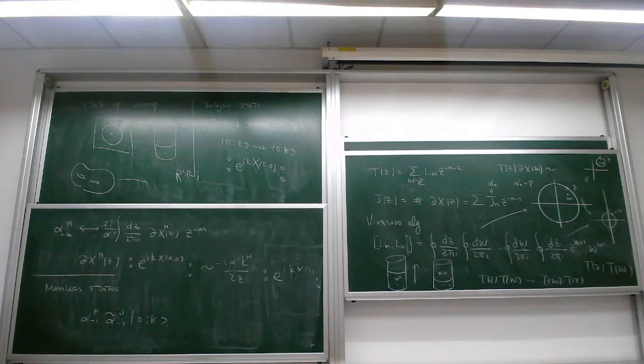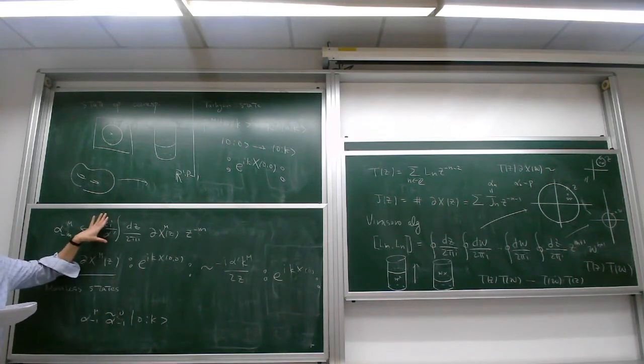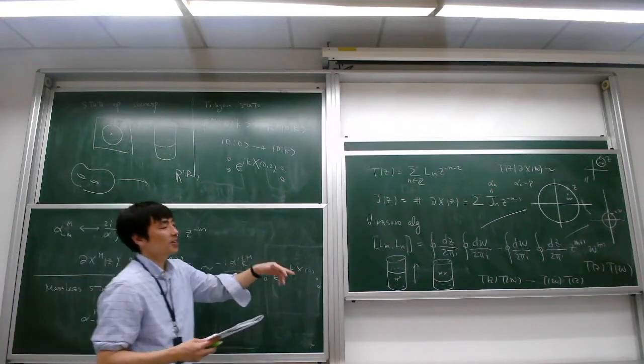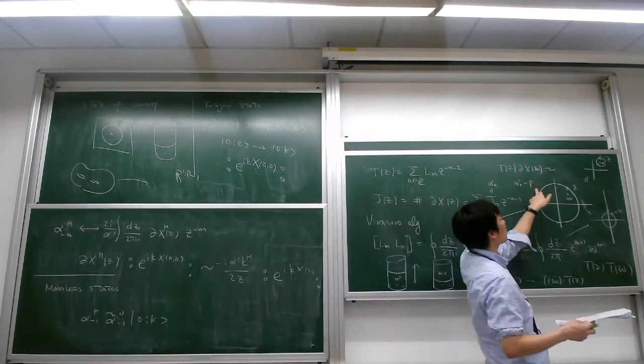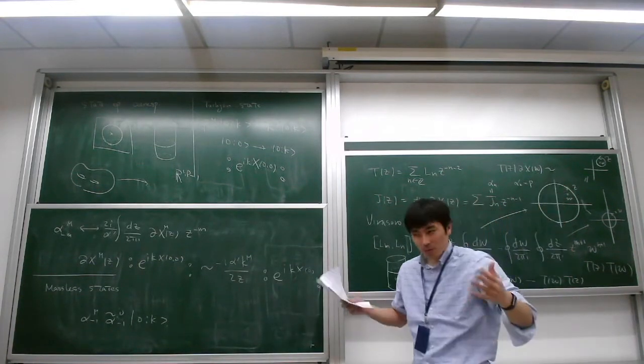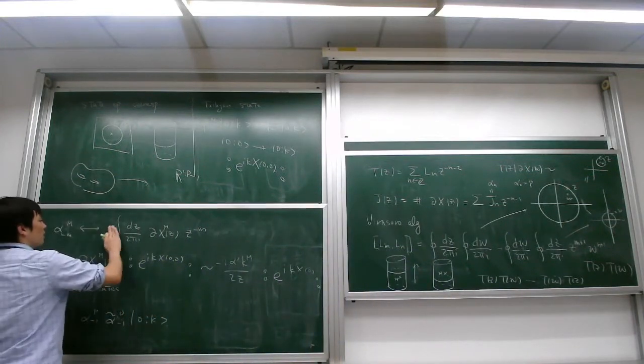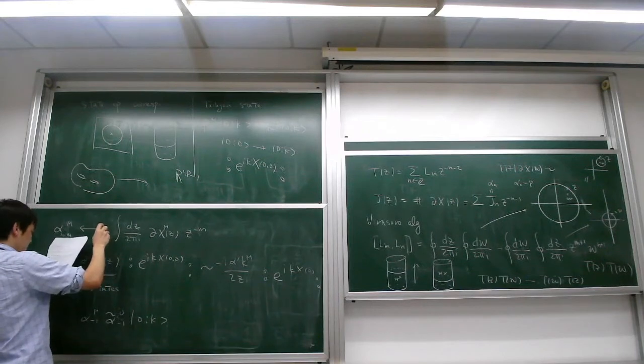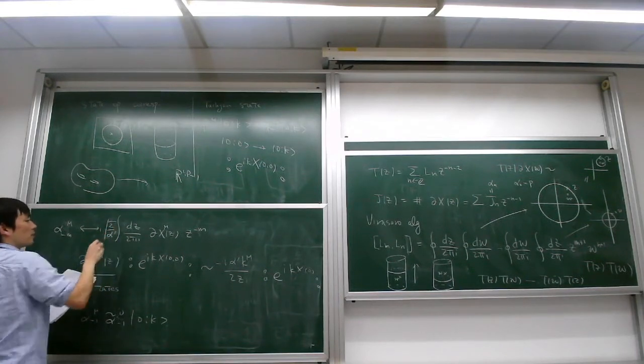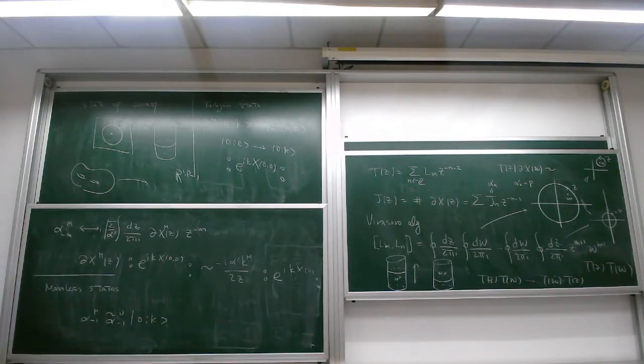Now, if you do the mode expansion, the normalization is a bit different from the zero mode. For the zero mode, you need to multiply the square root of 2 over alpha prime or something. So the normalization is a bit different. You need to normalize this way. This is the correct normalization to extract the non-zero mode for the Noether current.